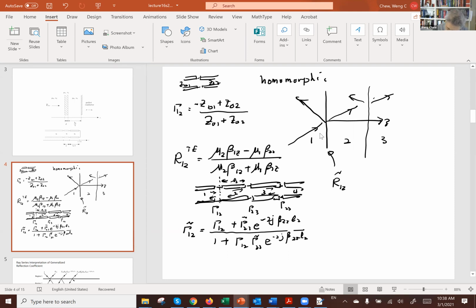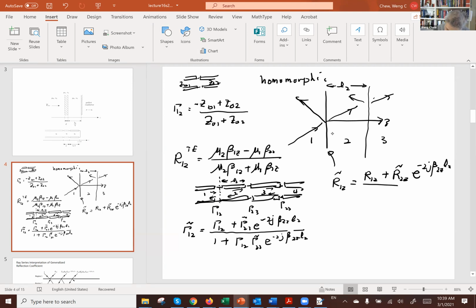R12 tilde then would be R12, the local reflection coefficient of the first junction, plus R23 tilde e to the minus 2j beta 2z L2. I can put in a beta 2z here because the wave number is a number in the z direction. Let's say that this thickness here is L2, for instance, and beta 2z is the wave number in that region.